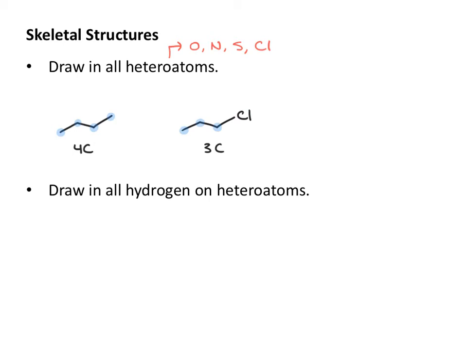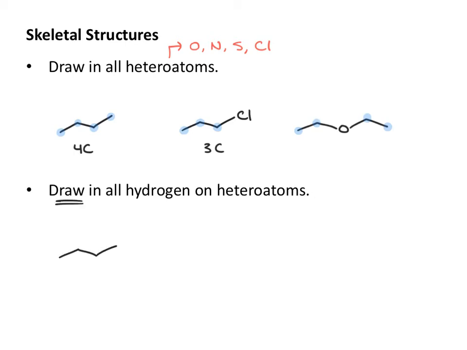You can also have a heteroatom within a chain. Like this. So in this case, we have 4 carbons and then an oxygen in the middle of the chain. If your heteroatom has hydrogen, you must draw them in.